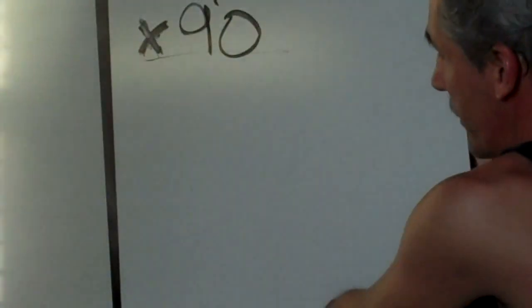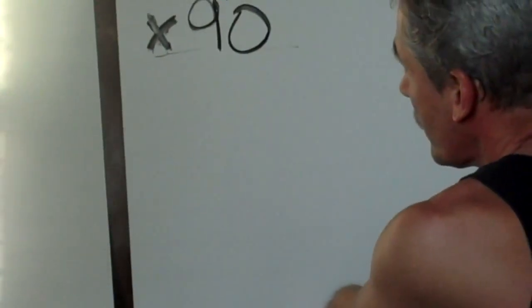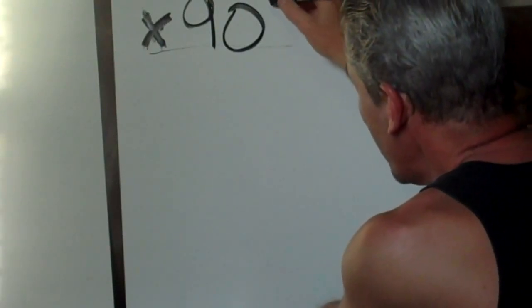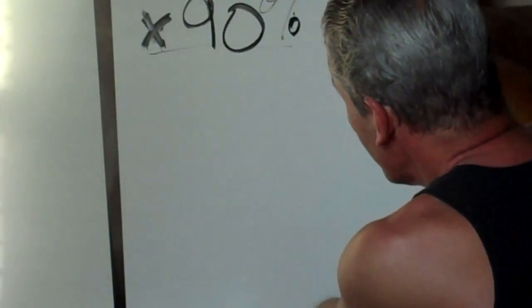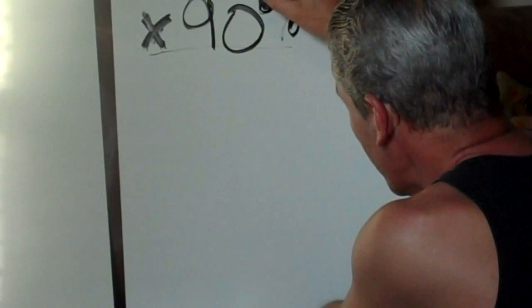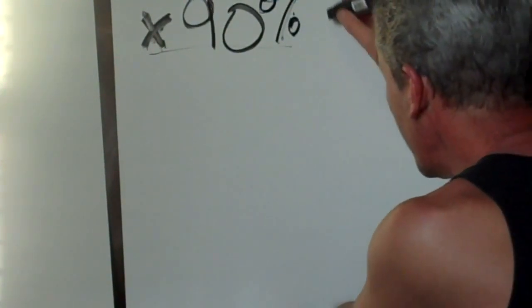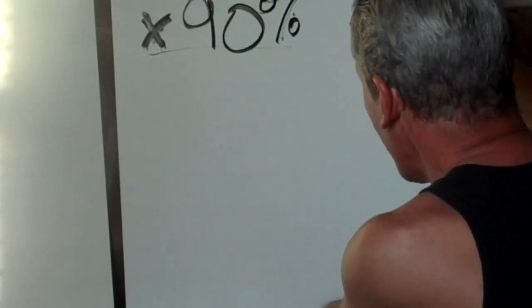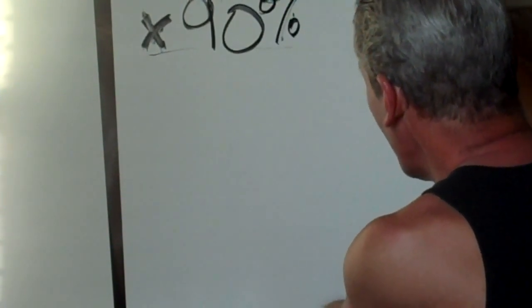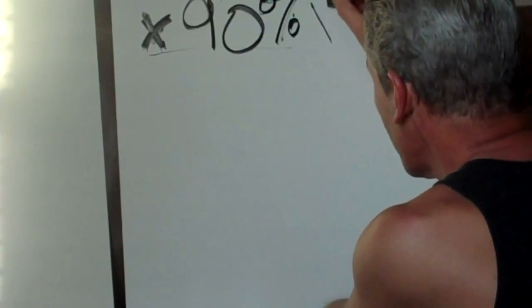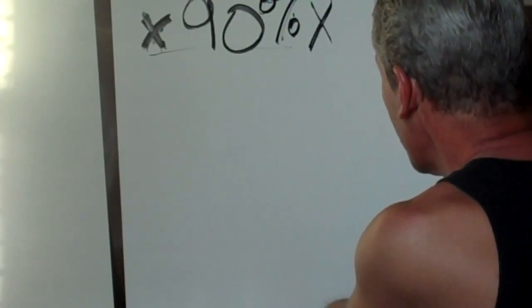So the first thing I do is I give 90%. So I want to find out what 90% of the spot price is. So that is basically whatever the spot price is, whether that be gold or silver, times 0.90.